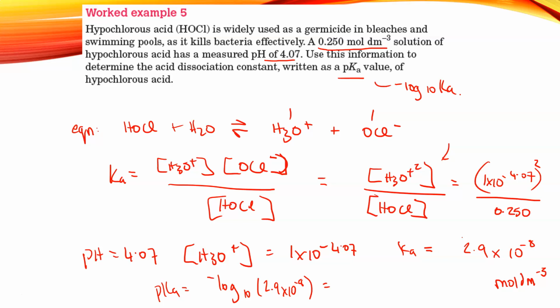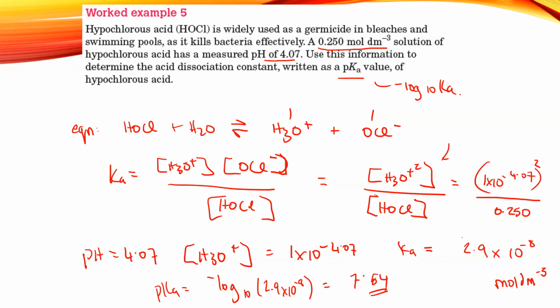Negative log to base 10 of the 2.9 times 10 to the negative 8. And we get a value of 7.54 is the pKa.